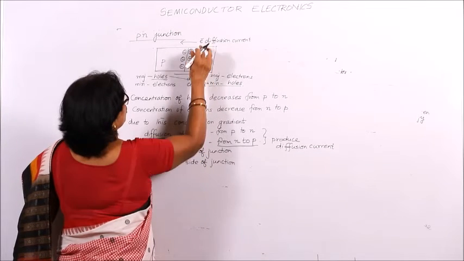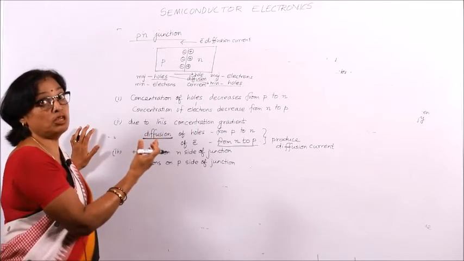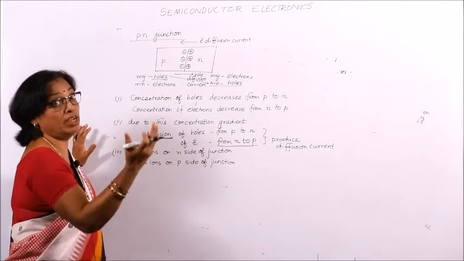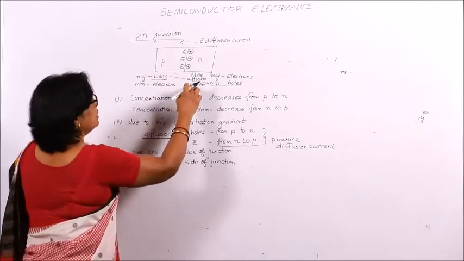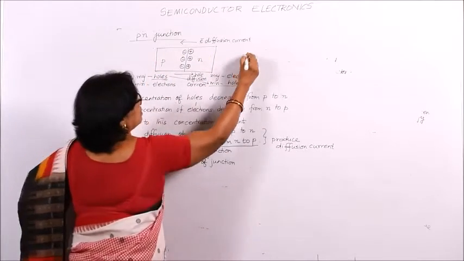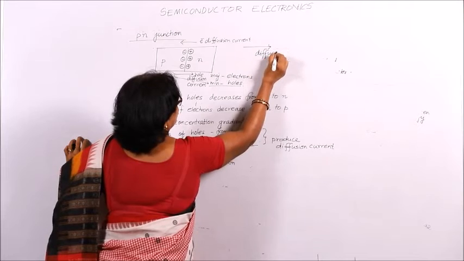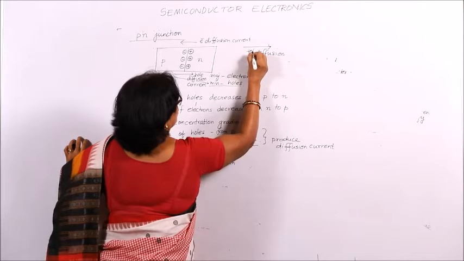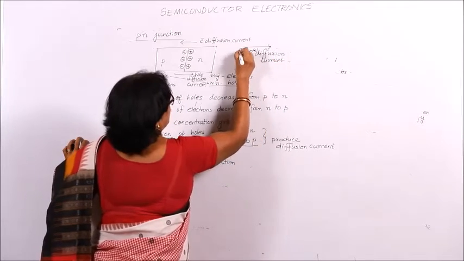But if you think about the direction of current, because they are oppositely charged, the electron diffusion is from left to right, but the current will be in the same direction. So the total diffusion current is from P to N.